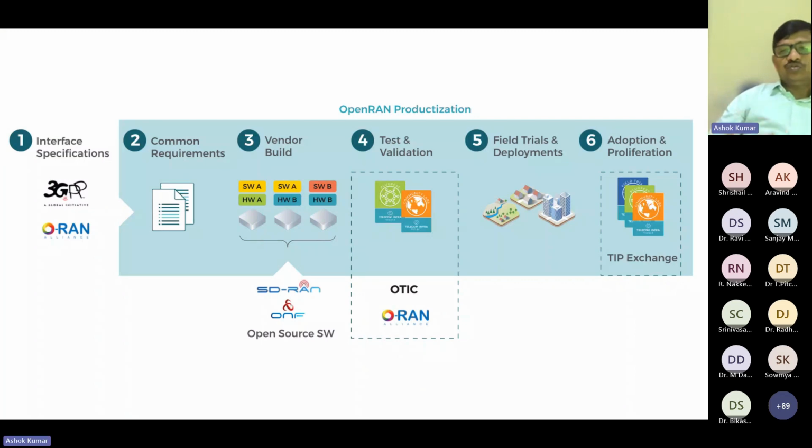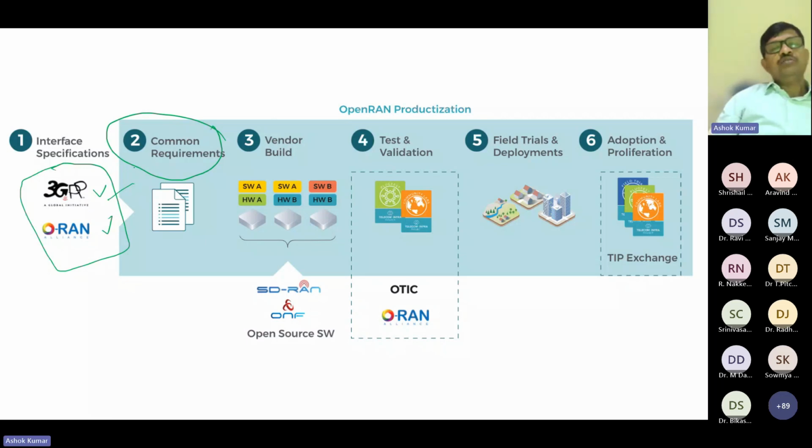So to achieve this objective, they take interface specifications, that is 3GPP and O-RAN combined, right? With this, they create a common minimum requirement. Based on these requirements, they encourage vendors to produce a build. In this case, these are RU, DU, and CU, or SD-RAN, or open source.